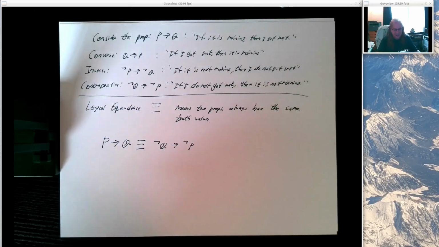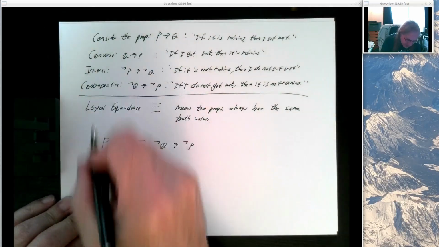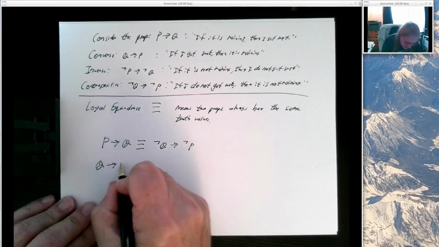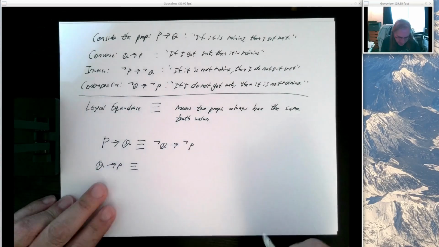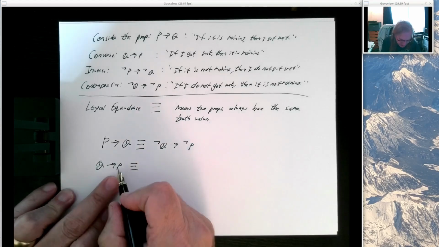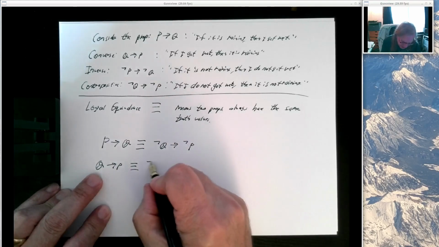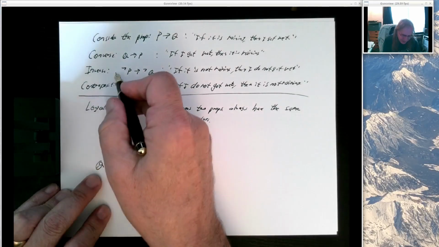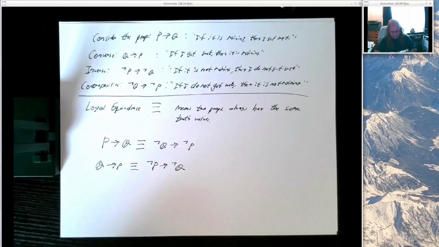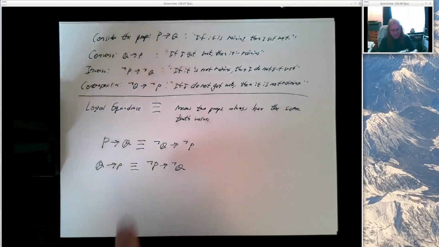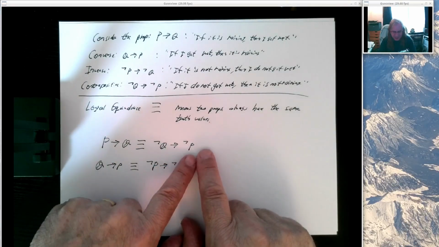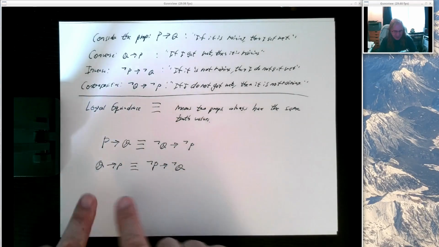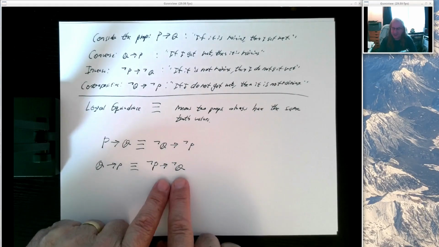And it turns out the converse, well, its contrapositive is just the negation of P implies the negation of Q. Well, that's just the inverse of our original proposition. So a proposition is equivalent to its contrapositive, and a proposition's converse is equivalent to that proposition's inverse.